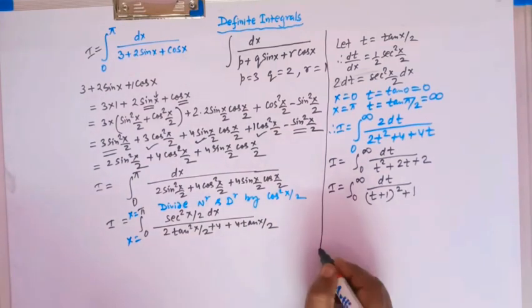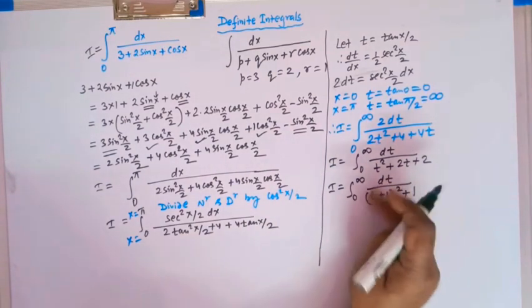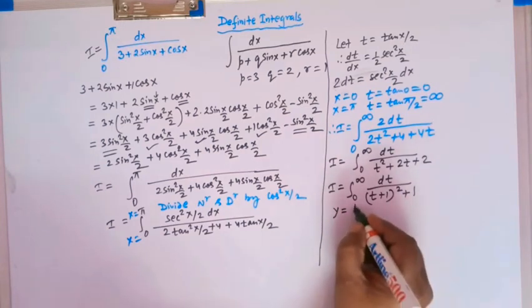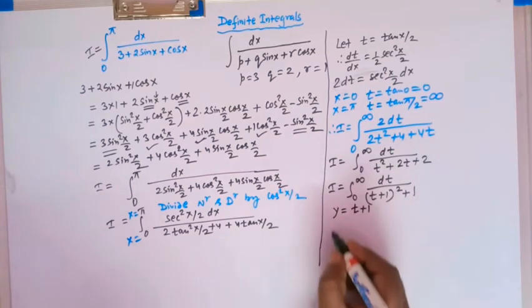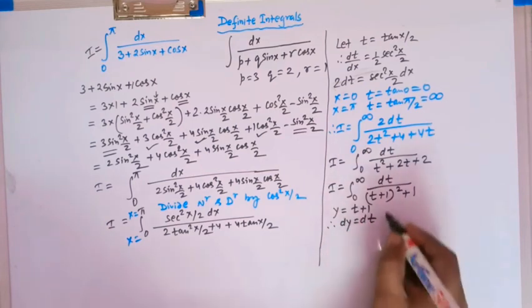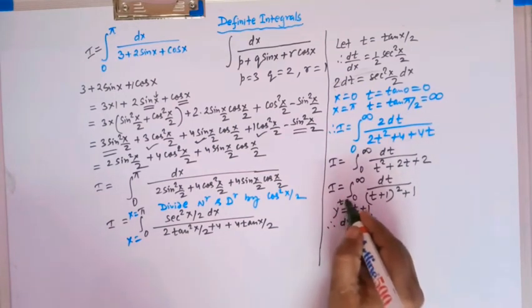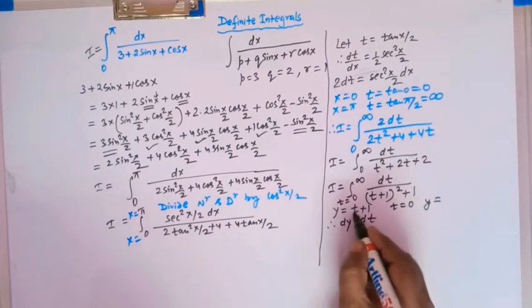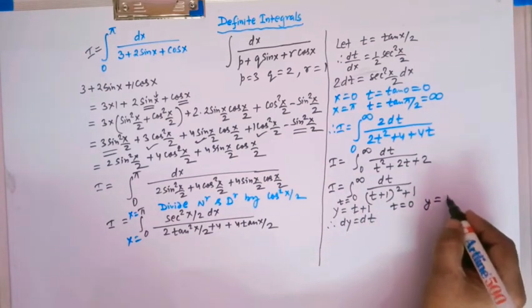Now here again we can make use of the method of substitution. So let y is equal to t plus 1. Therefore dy is equal to dt, and when t is equal to 0, y is equal to 0 plus 1, that is 1.